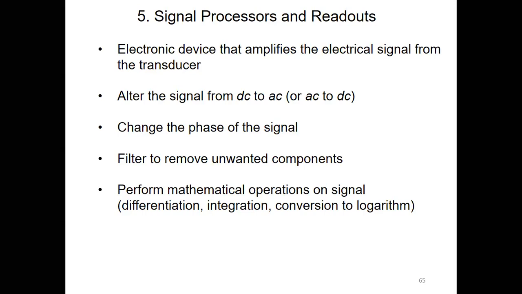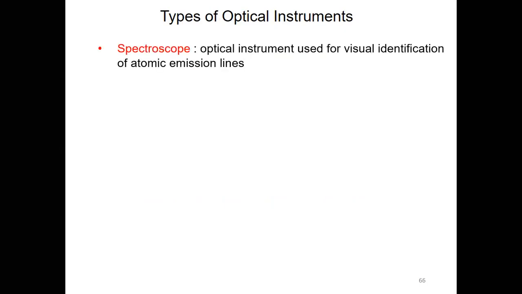Okay, and now let's see what are the types of optical instrument. So we discussed the components and now the types. There are different terminologies. I will explain these terms. So spectroscope. Spectroscope means an optical instrument used for visual detection of atomic emission light.